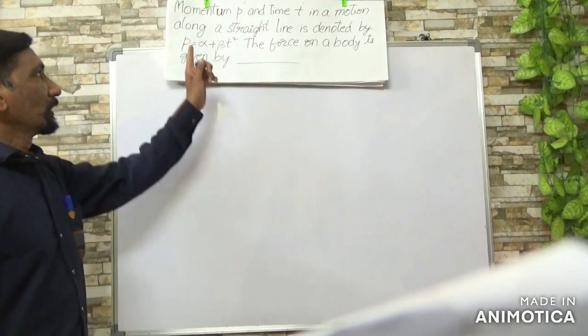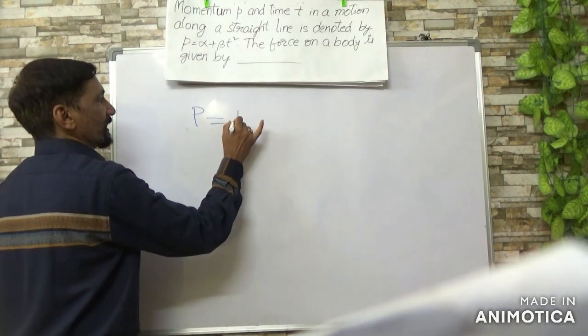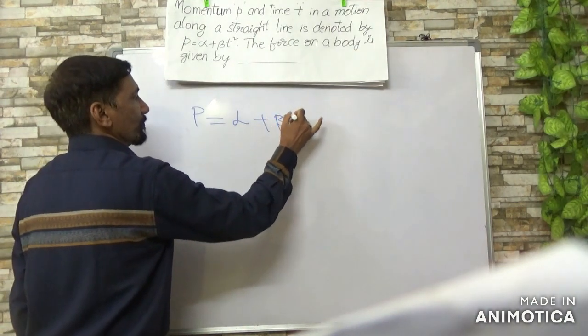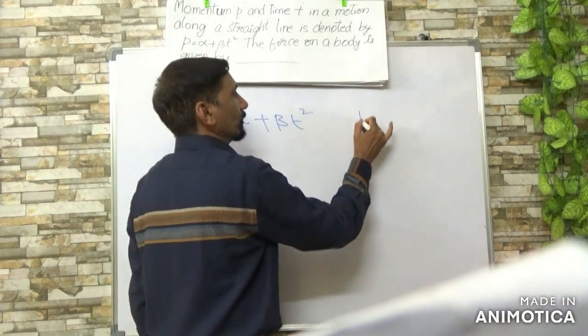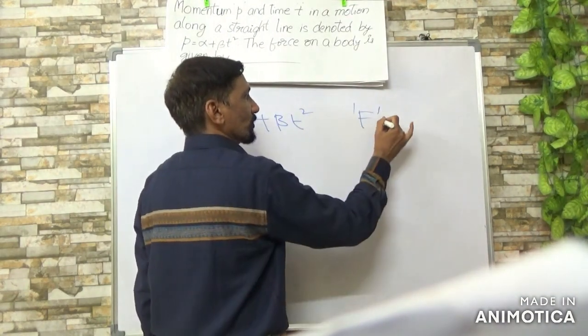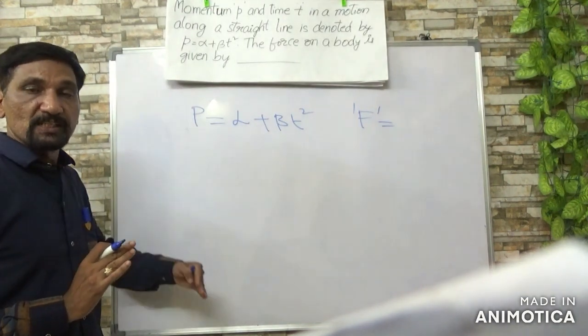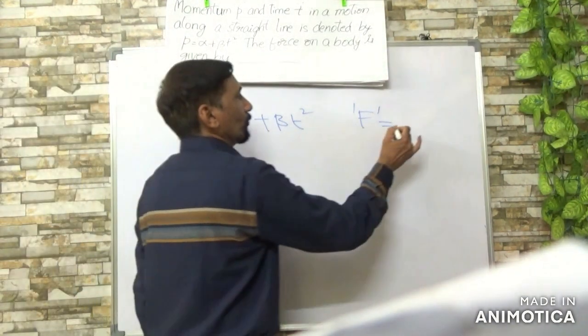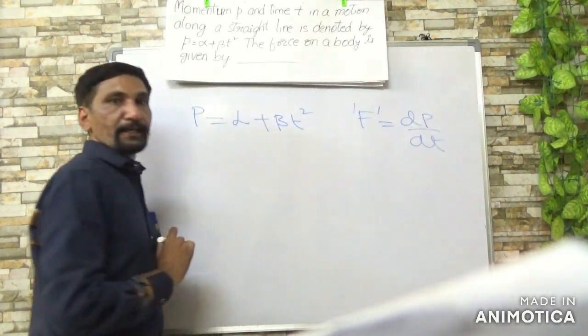Now the given problem is: momentum of a body is given as alpha plus beta t square. You want to find the force. So remember, whenever you differentiate momentum with respect to time, you get force, that means dp by dt.